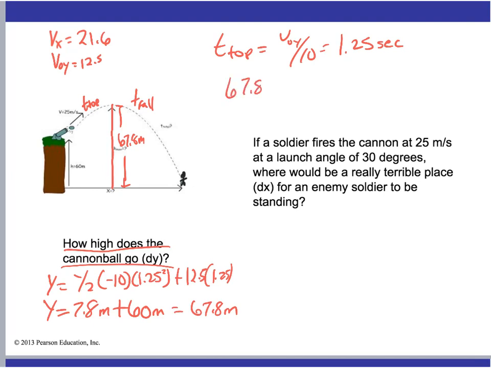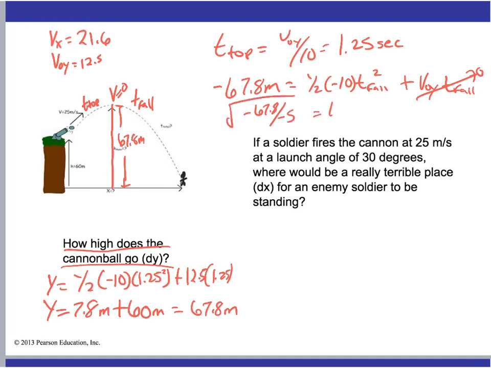So 67.8 meters, it's going down, so it's negative. 1/2 times -10 times t fall squared plus the initial velocity in the y times t fall. But this is 0 because the initial velocity in the y at the top is 0. And so this ends up being the square root of -67.8 divided by -5 equals the time to fall.